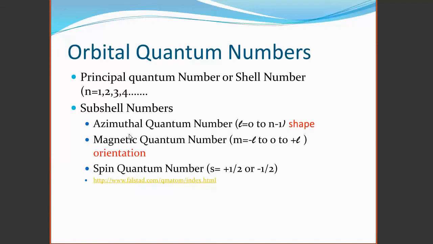The orbitals within the subshell may be calculated by looking at the possible values of the magnetic quantum number m, which can vary from -L through 0 to +L, and the spin quantum number of each electron, which may be +1/2 or -1/2.